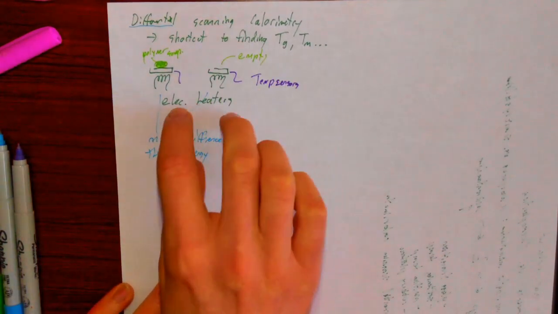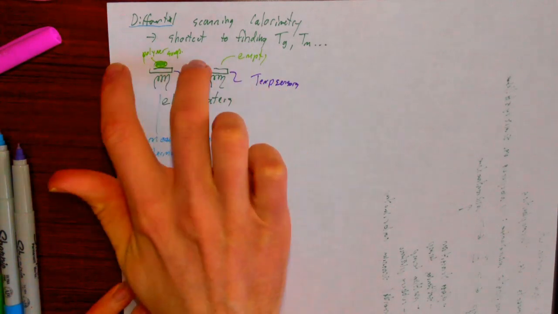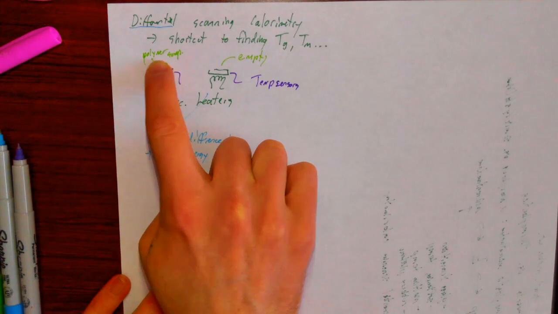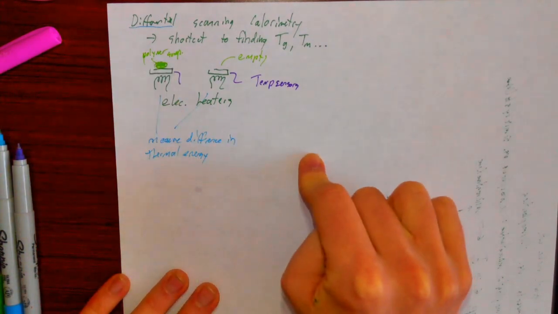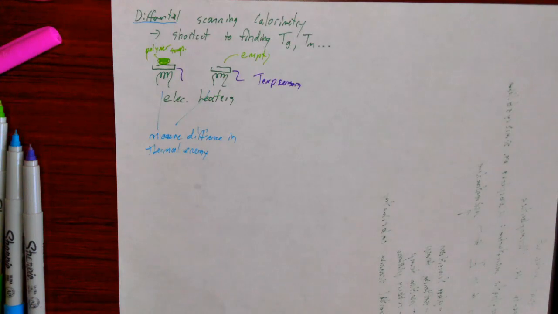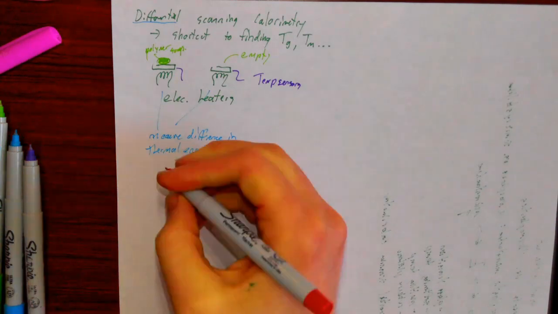The scanning part is I'm continuously raising the temperatures of these two samples. When I notice a temperature plateau, temperature plateaus are basically equivalent to phase changes.